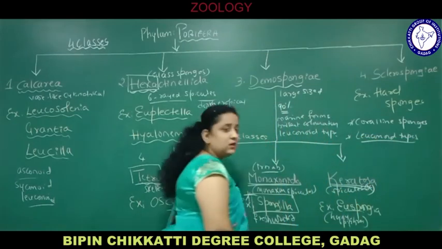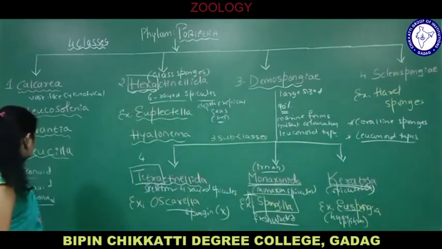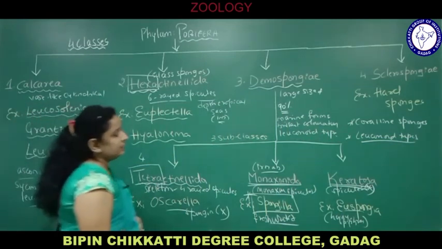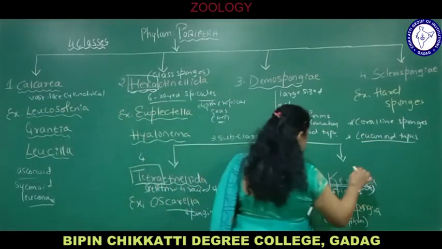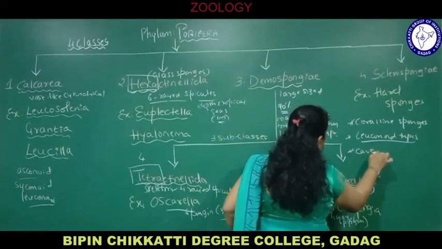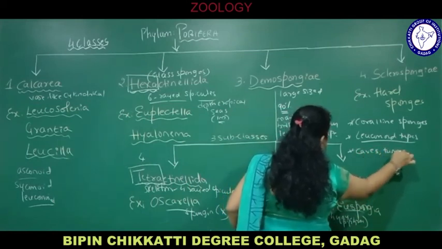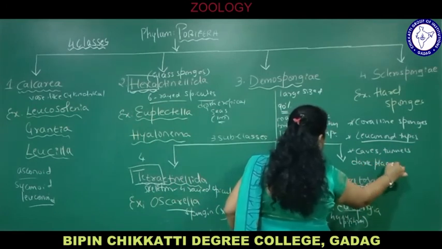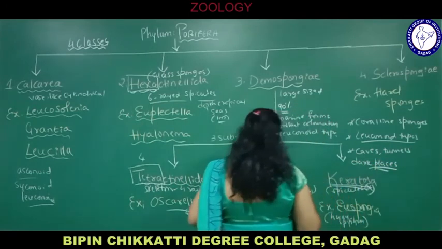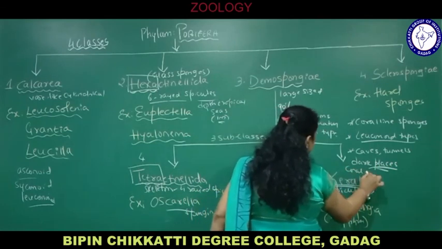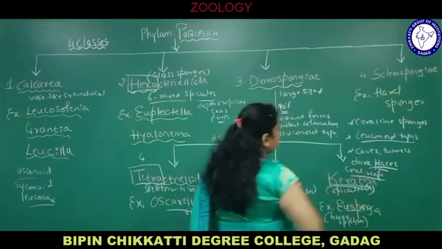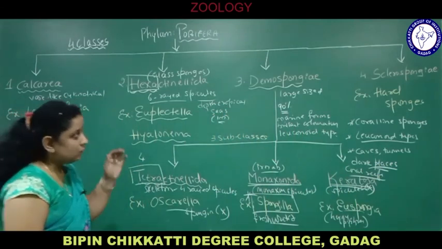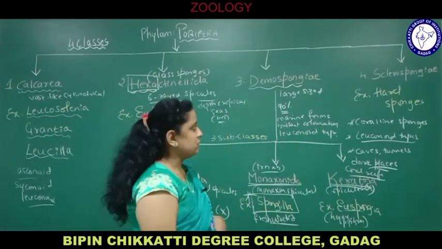As I told you, there are 3 organizations here: asconoid, syconoid and leuconoid sponges. Third, they are found in caves, tunnels, or dark places where there is no sunlight, or you can say coral reefs. They are also called coral reefs. Example is hard sponges.